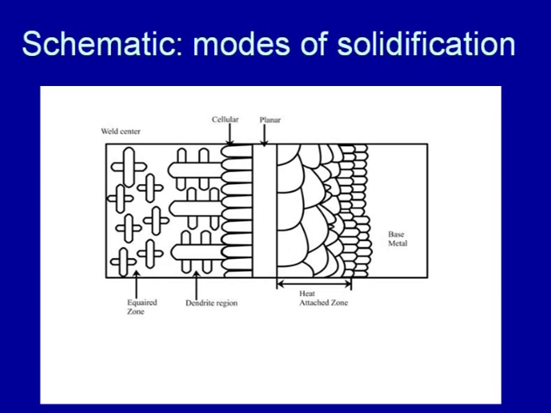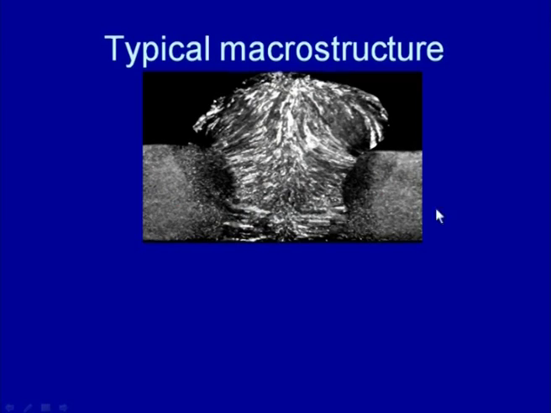Because of the changing G by R ratios, which is very high at the fusion boundary and very low near the weld center, we come across all these four modes of solidification in the weld zone. In the typical microstructure, this is the fusion boundary and the columnar grains are growing perpendicular to the fusion boundary.